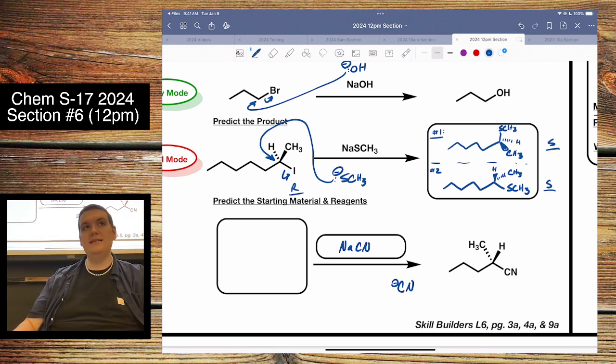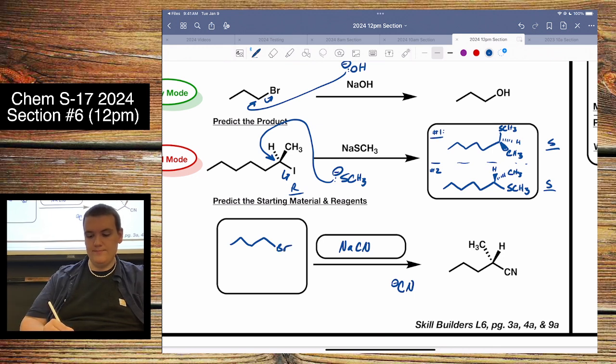Okay, so we need to draw what the starting material was with the inverted stereochemistry before this reaction happens. And the way that we can do that is, again, the two options, either one. So I'm going to do the just swap the wedge and dash because I think it's easier. So I'm going to put, I could put iodine or bromine, whatever your favorite halogen is, go for it.